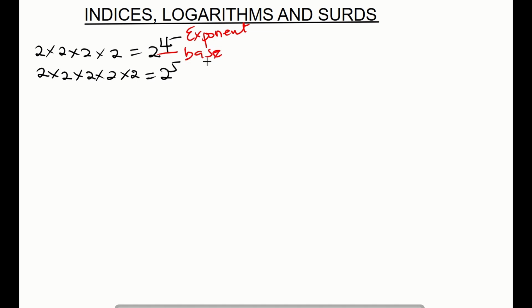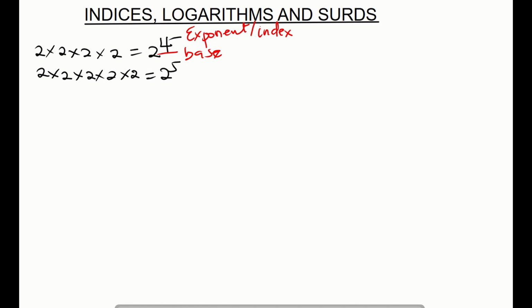The 2 is the base. Same here, the 5 is the exponent, and then the 2 is the base. The exponent can still be called an index. The plural form we call the indices.